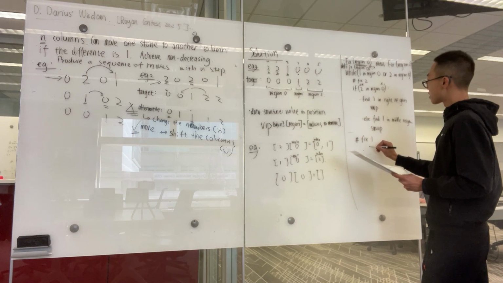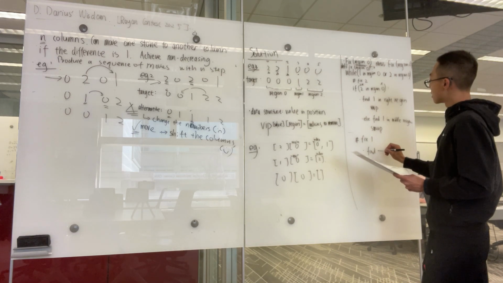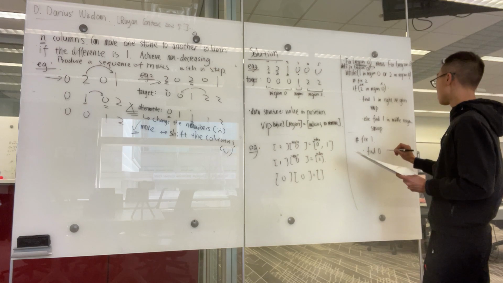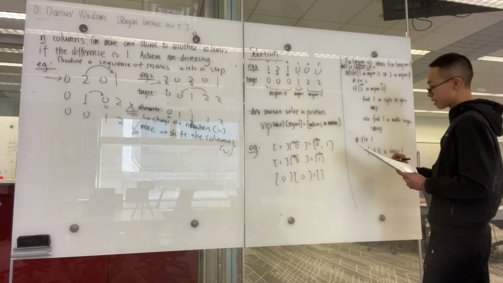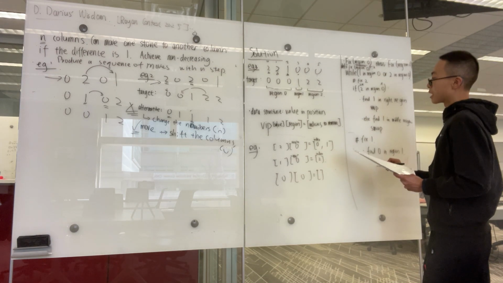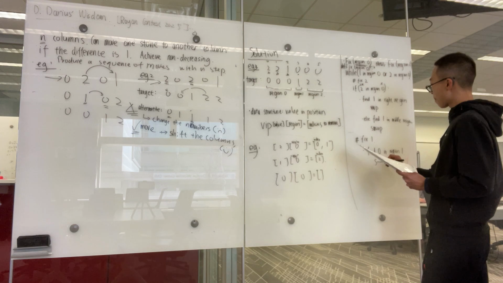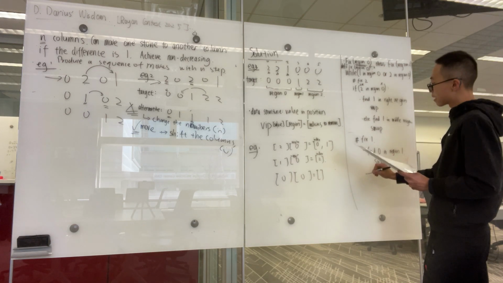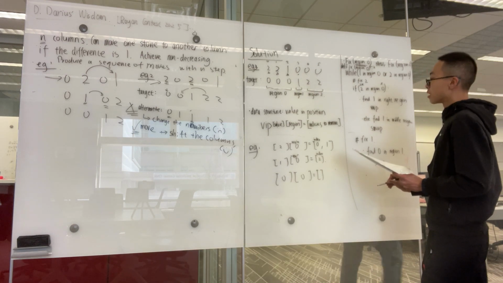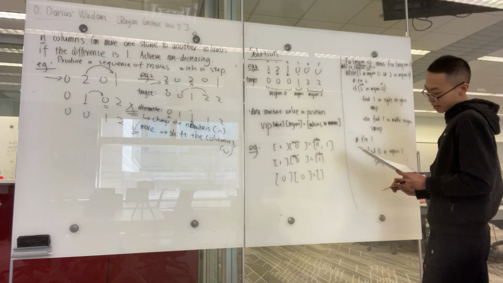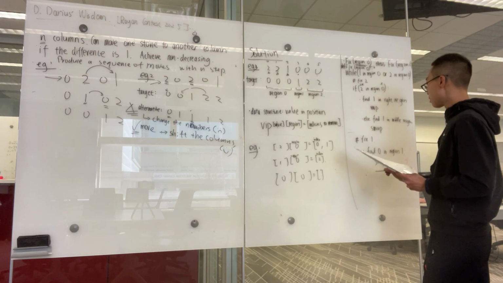So the first step is find 0 in region 1. If so, we can swap. If not, find a 0 in region 2.